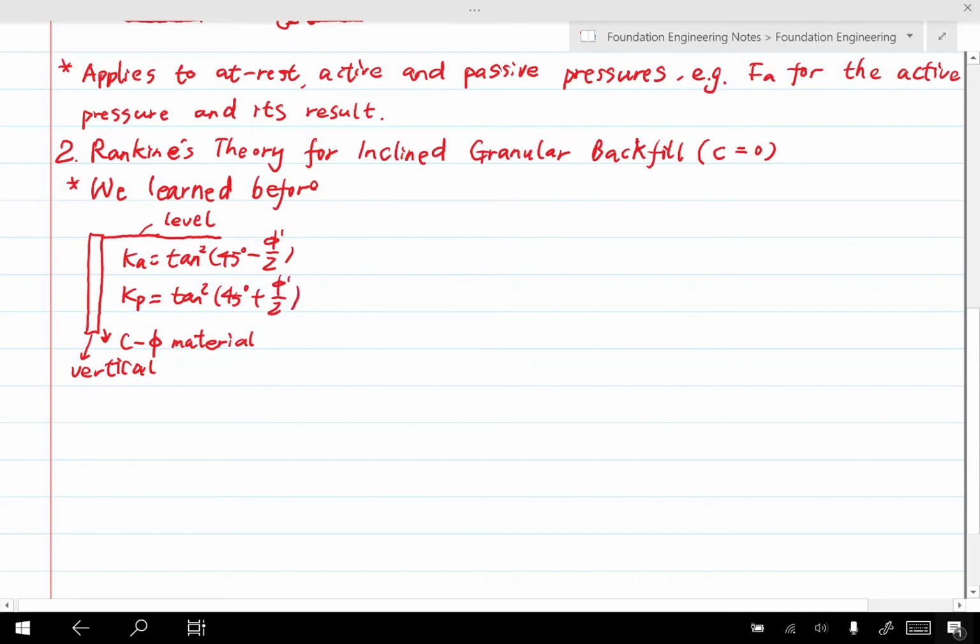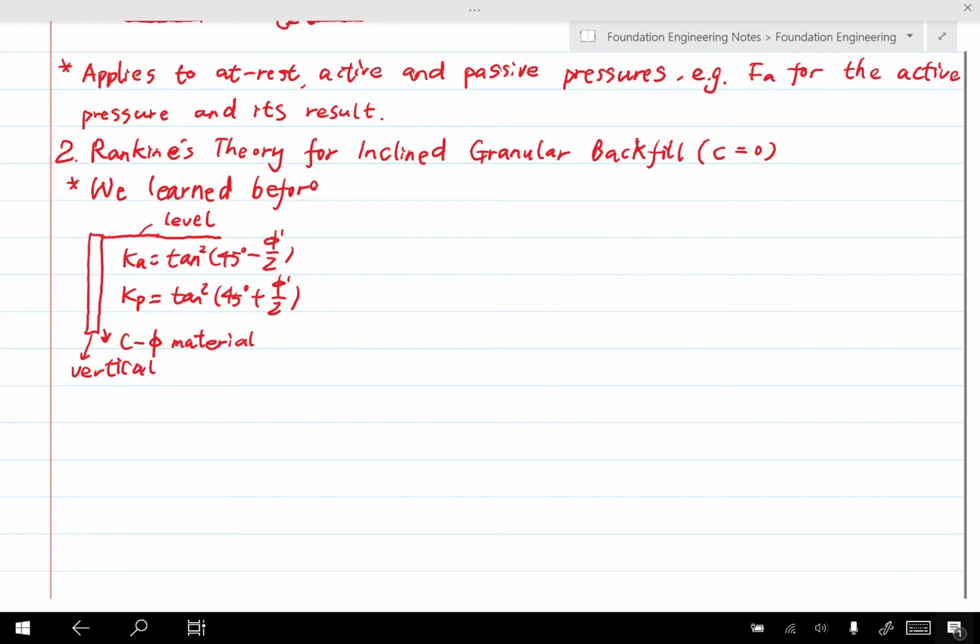Kp is greater than 1 and it's greater than Ka. That can be easily seen from these two equations, because tangent of 45 degrees equals 1, and if it's less than 45 degrees, then the tangent should be smaller than 1. Of course, the square of the tangent should also be smaller than 1.